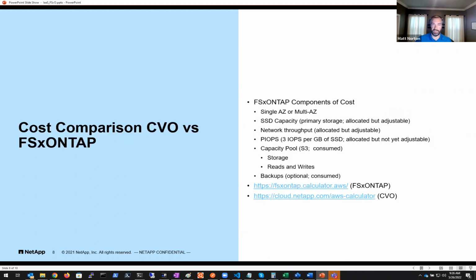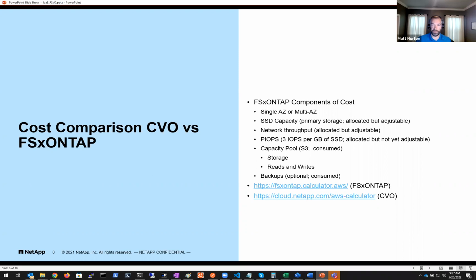So let's talk about the cost. What makes up the cost of FSx ONTAP within Amazon? So the first thing is, is it single AZ or multi-AZ? When FSx first came out, it was only multi-AZ. They've recently added single AZ as well. So with multi-AZ, all the data is replicated, right?